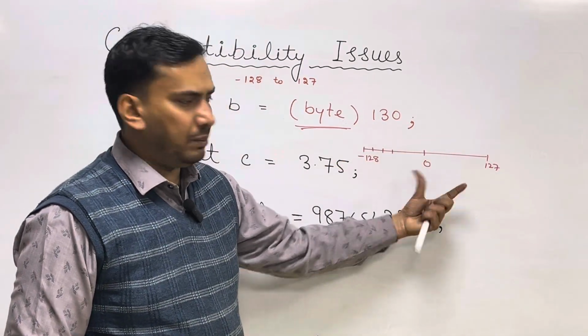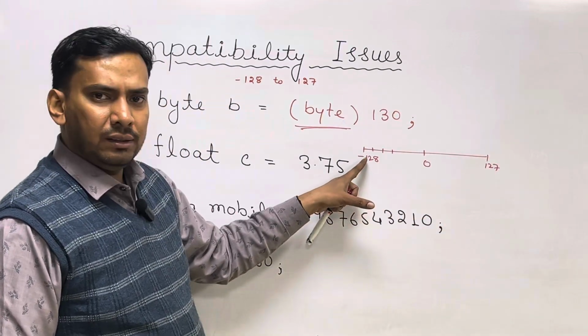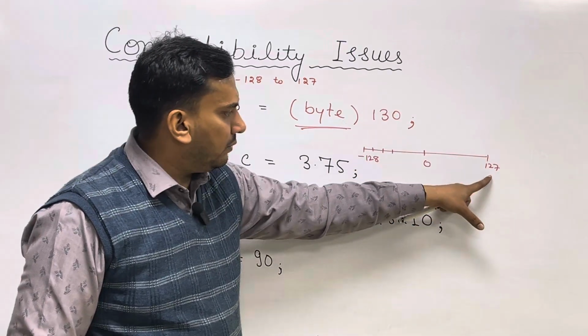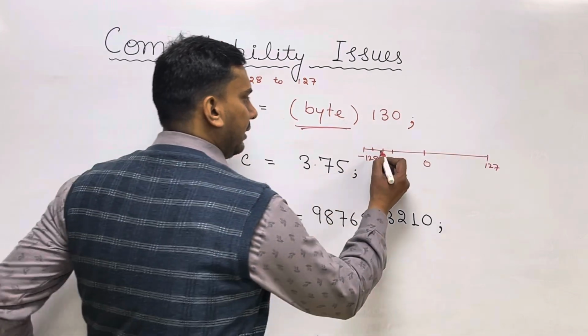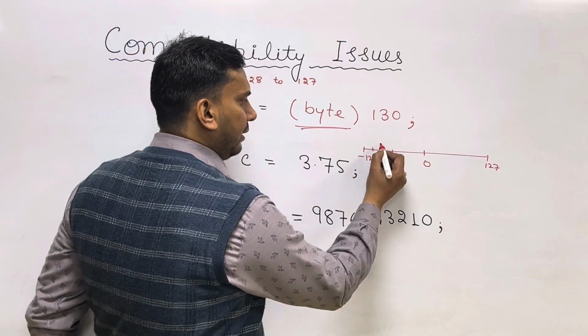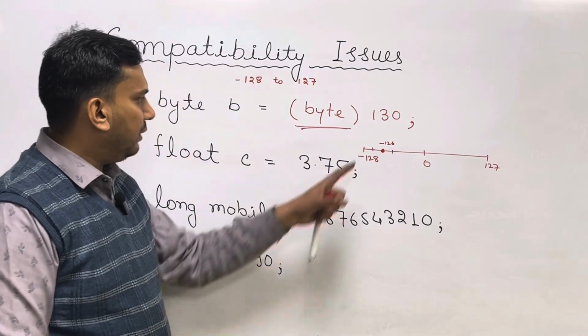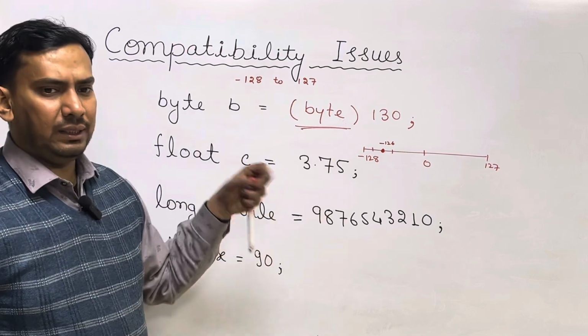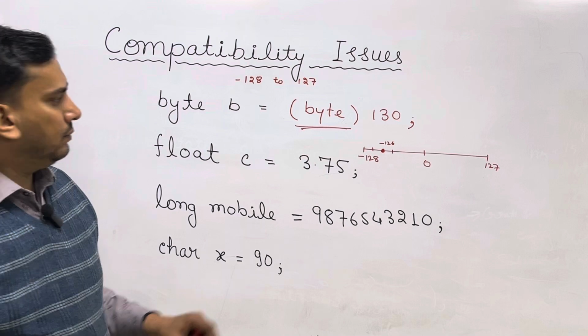So how will it happen? 127, then it will go in the circular manner. 127, 128, 129, 130. 130 will come here. And what is this value in the number line? It is minus 126. So output will be minus 126 if you print this value, right.